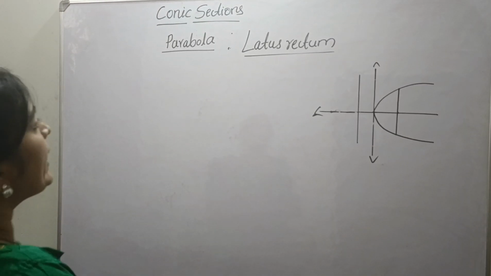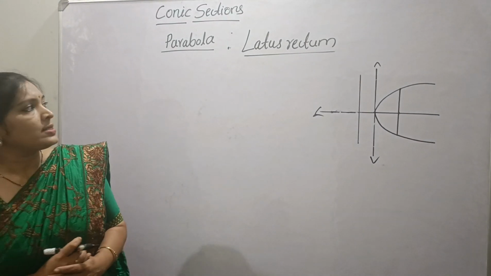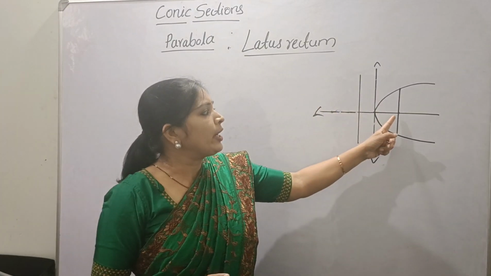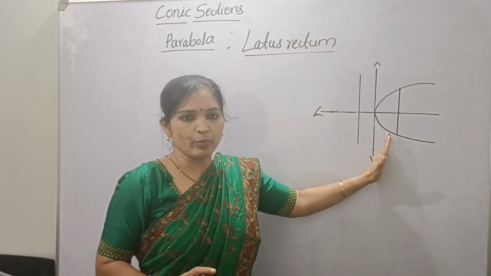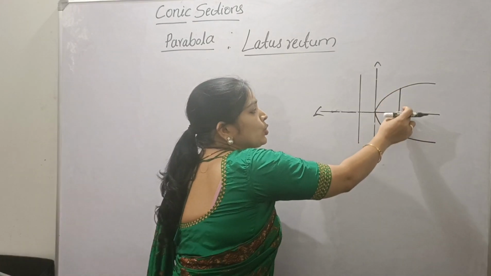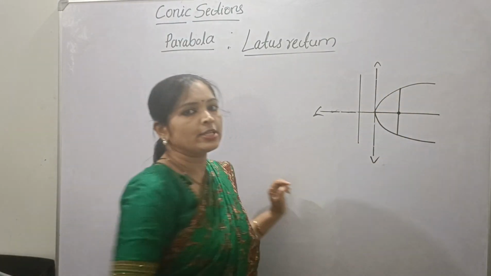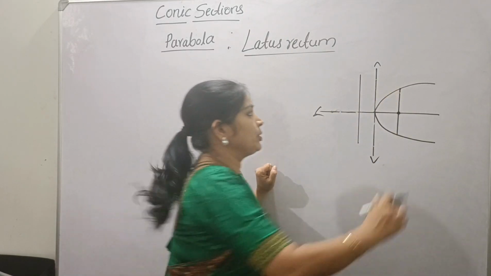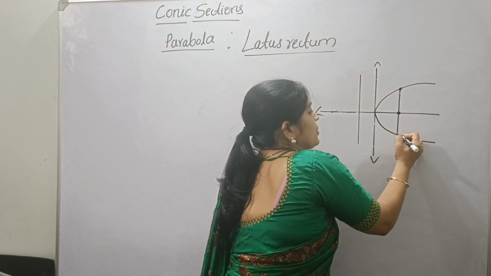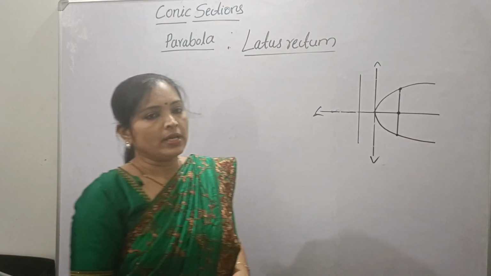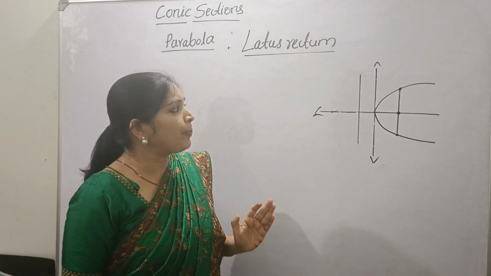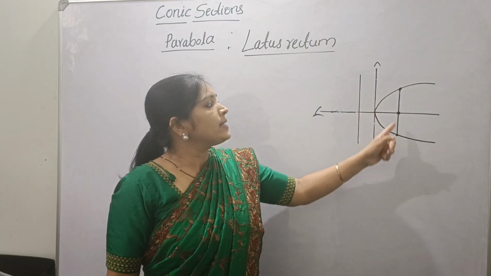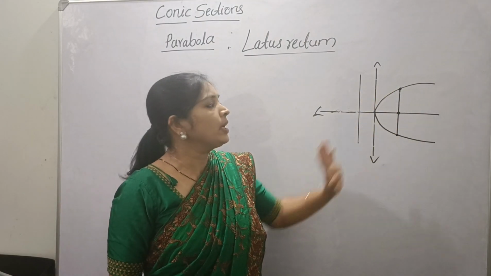Next, let us go through the latus rectum of a parabola. The latus rectum of a parabola is the line segment which is perpendicular to the axis of the parabola and passing through the focus of the parabola, with end points lying on the parabola.